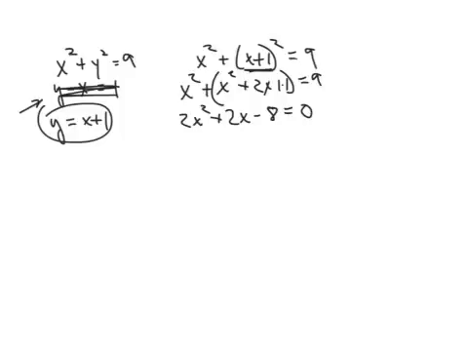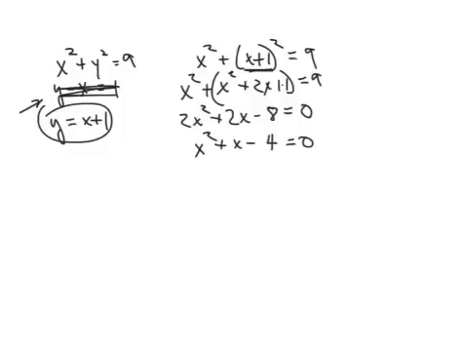Now you can either leave it like that to go to the next part, or you can factor out a 2 and just make this x squared plus x minus 4 equals 0. Going from this part here to this part is kind of like taking the fraction 2/4 and reducing it to 1/2. We just factored out a 2. Factor out a 2 out of 2/4 and you get 1/2. Factor out a 2 because it's common to all of these and you get this. Either way, you're going to get the right answer regardless of whether you remember to do that or not.